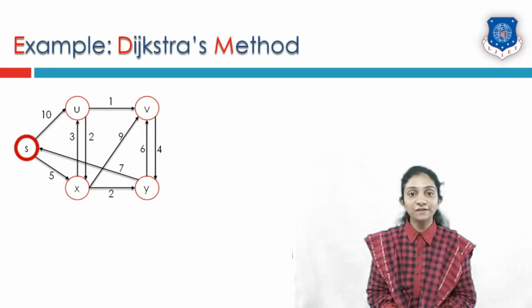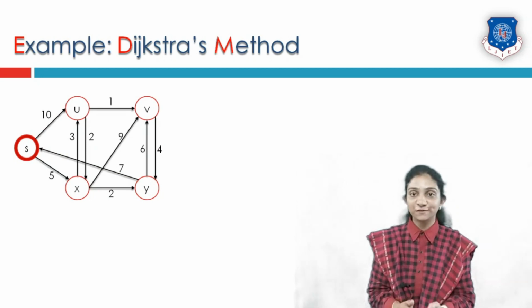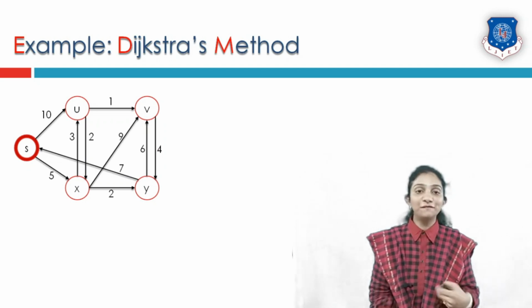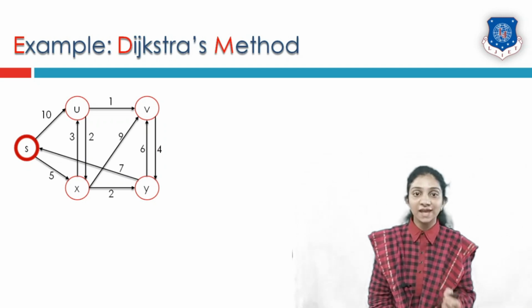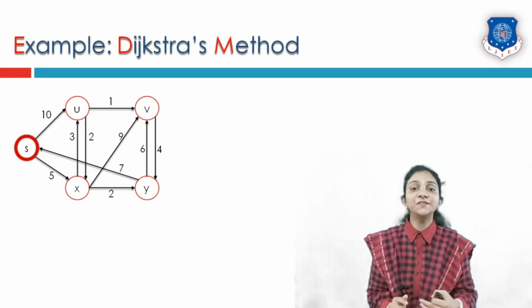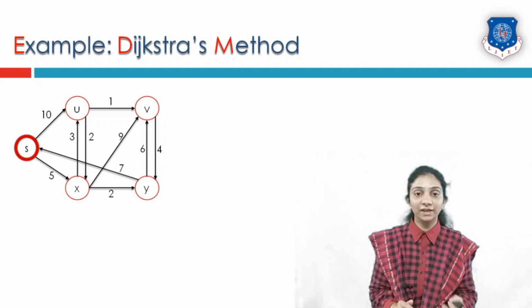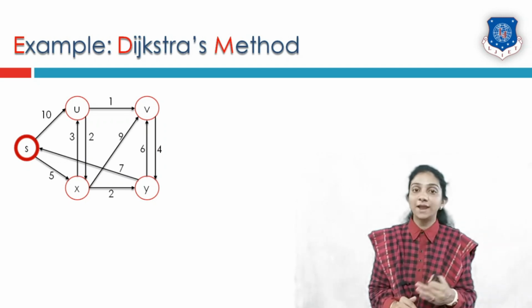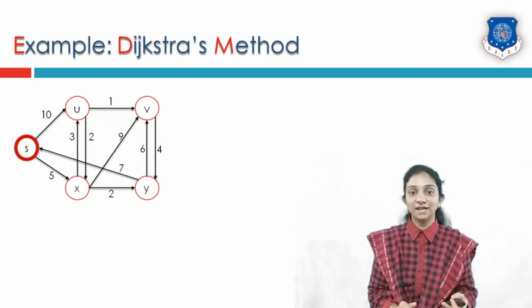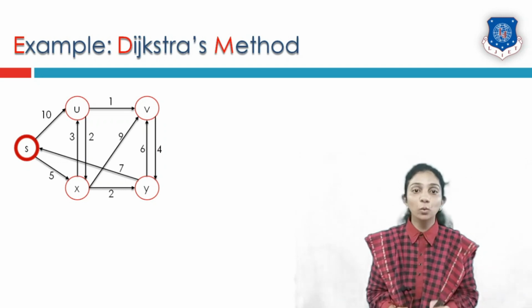With the help of an example, let us see Dijkstra's method. Here is a graph with 5 vertices, namely S, X, Y, U and V. Every edge is directed, that is, it has a source and destination, and an edge also has a weight associated with it.